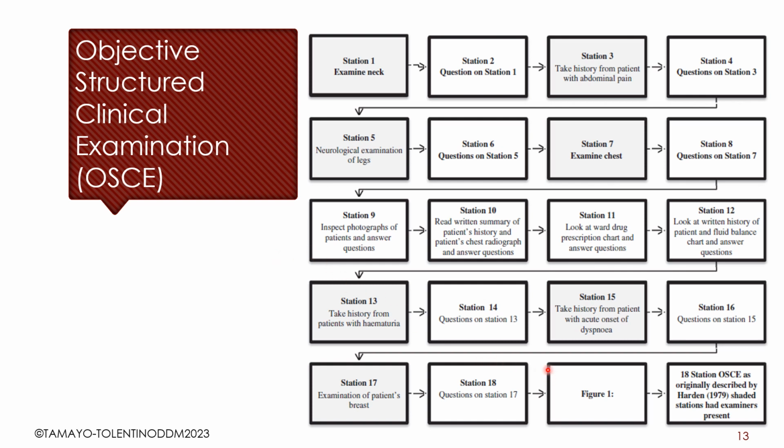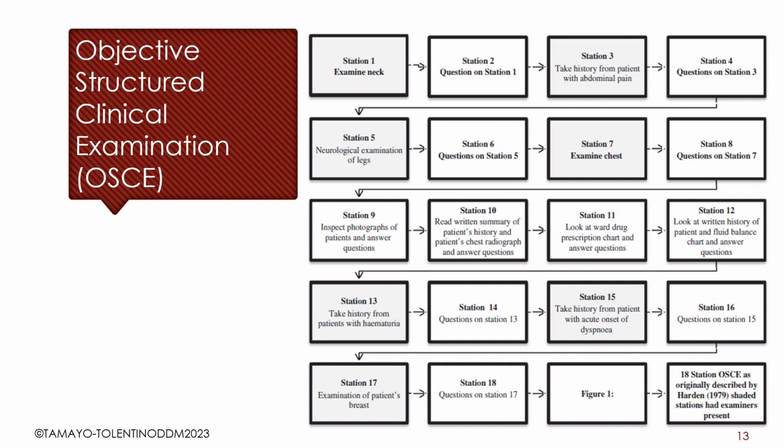Each station tested a single competency. For example, Station 5 evaluates neurological examination of legs. Station 13, history taking of patients with hematuria. So those are the examples. The total examination for these 20 stations was 100 minutes.